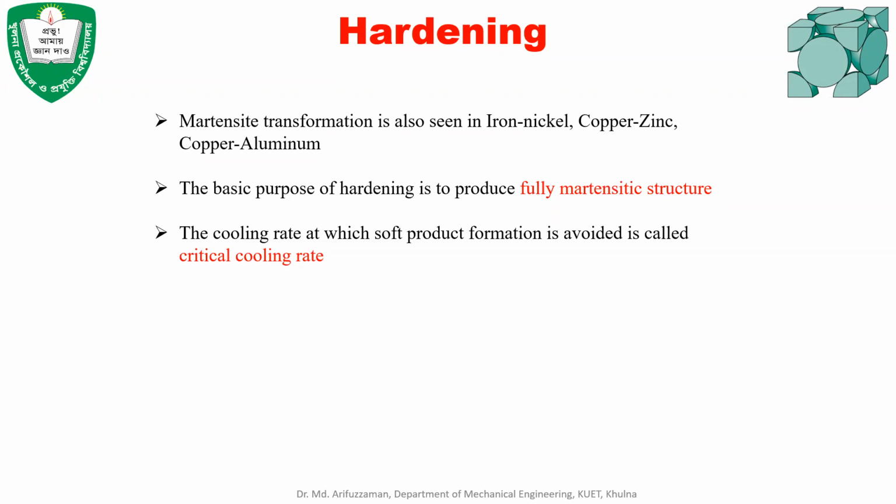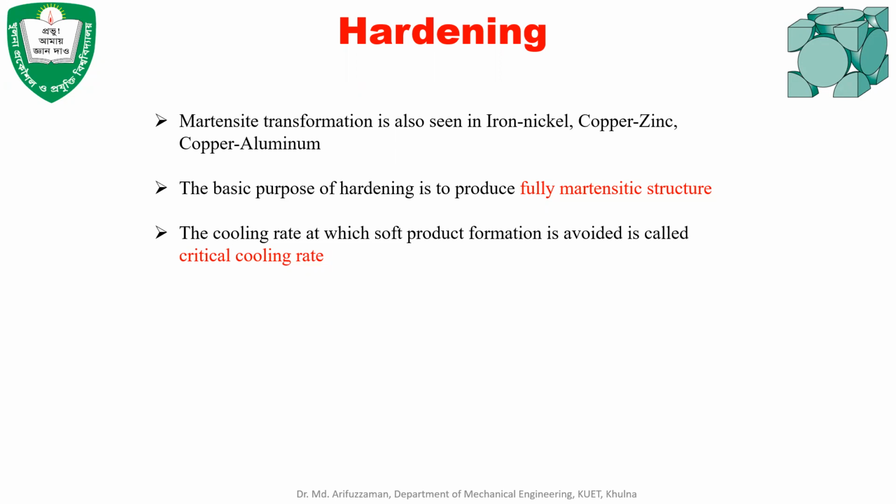In that case, the soft product means that when you cool at room temperature, that is normalizing. In the case of normalizing, there will be some transformation to produce ferrite. Ferrite is a very soft product. Okay, and if you want to complete the hardening, that means full 100% hardening, then you have to cool it very rapidly, faster than room temperature cooling.